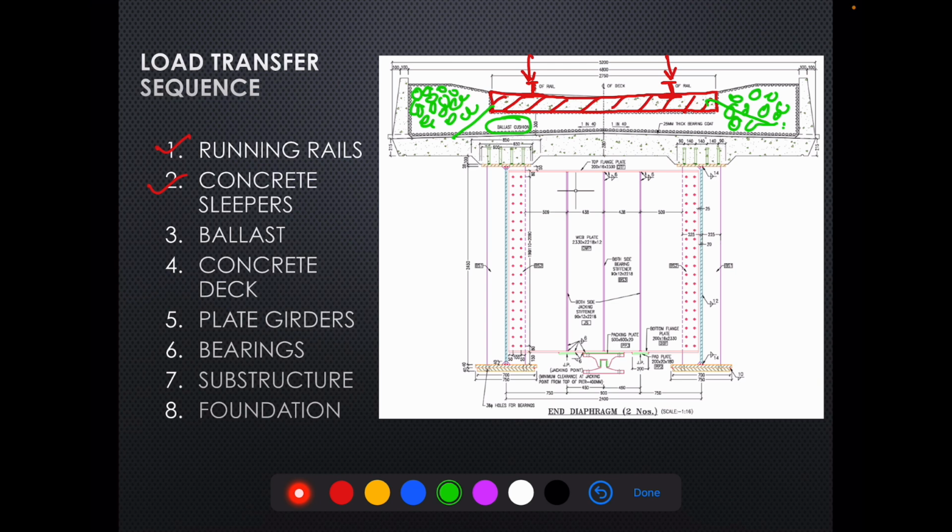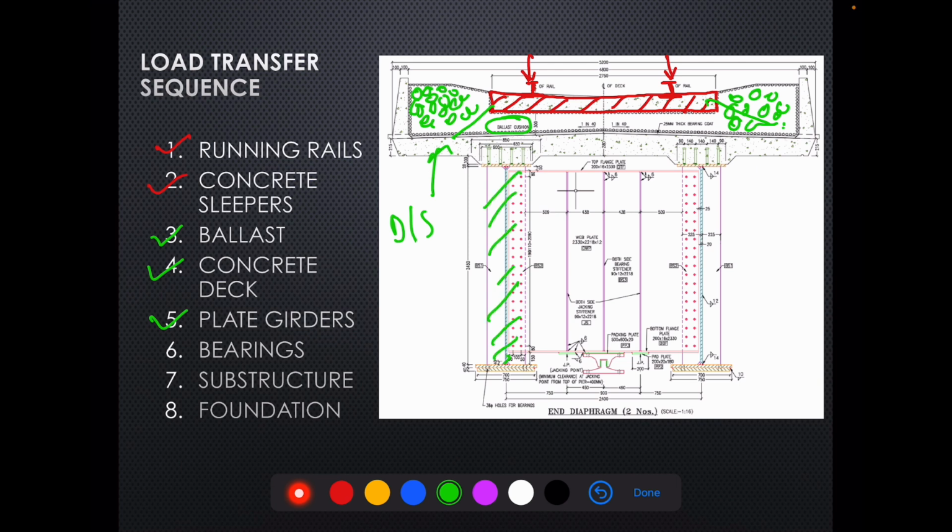Now from ballast it will get transferred to the concrete deck slab, and the shear stud connectors are within the deck slab itself. So the load easily gets transferred to the plate girders.